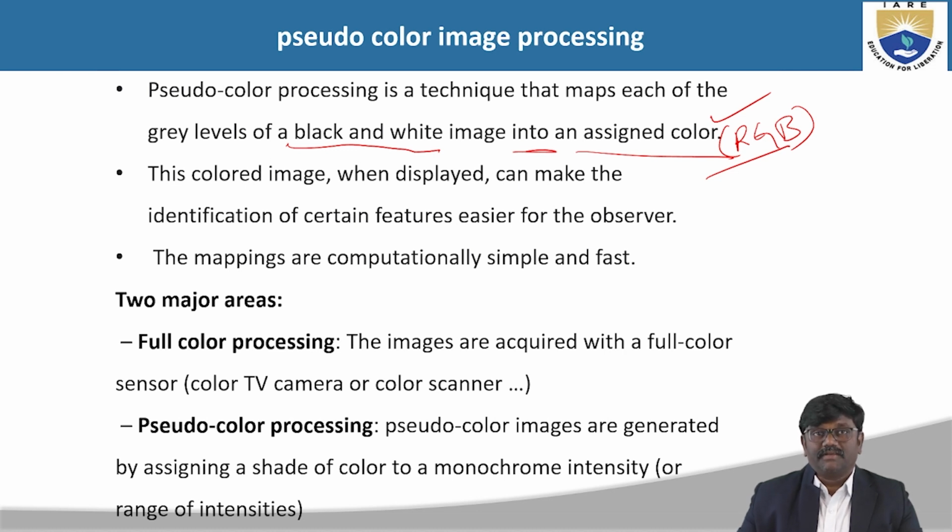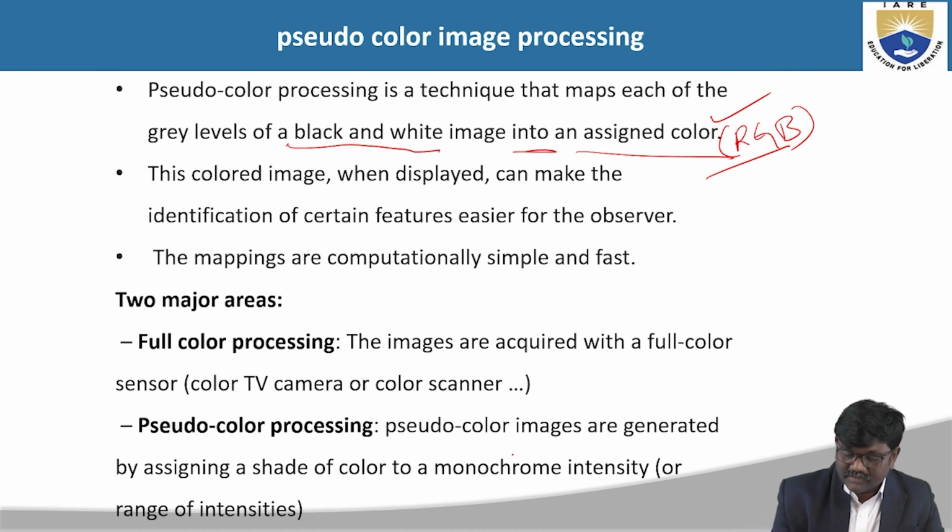So in pseudo color processing, we process based on the assigned shade of color to a monochrome intensity, or range of intensities. That is the second major area under today's topic.